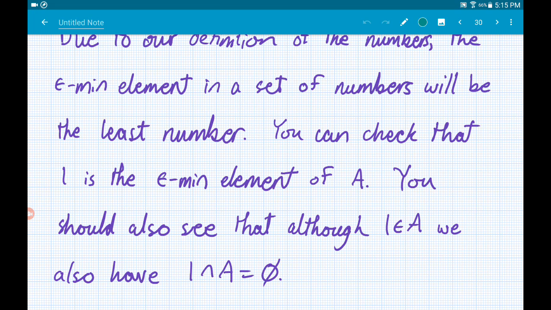So this in-min definition on sets, if we restrict ourselves to the natural numbers that we have constructed, any set with an in-min element has that element as a least element, in our intuitive sense of a least element.